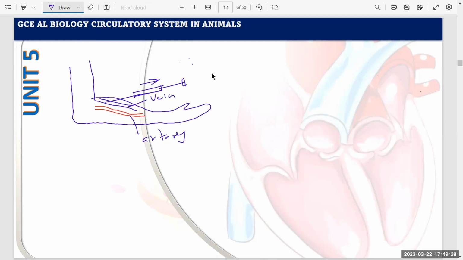Then this blood can be collected in two ways. What are the two ways? The method is the same. If we collect by this method, the blood is transferred to a normal test tube. And in the second situation, it is also transferred to a test tube.